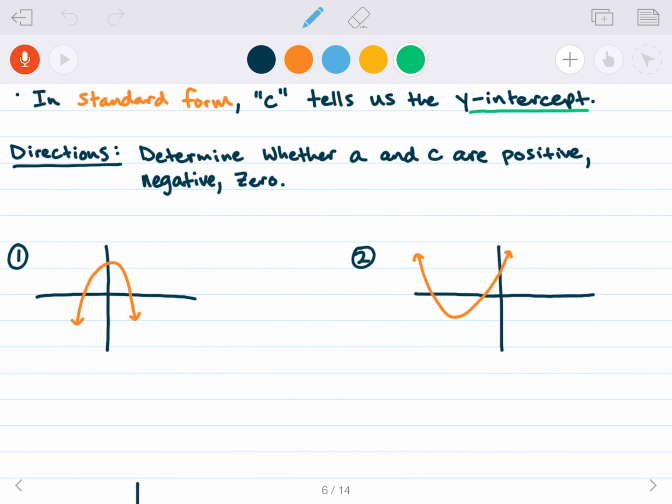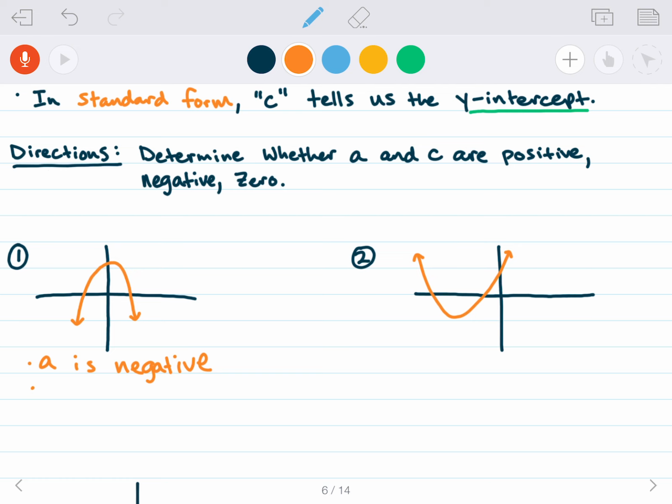Okay, let's do some of these examples. Determine whether A and C are positive, negative, or 0. So looking at number 1, remember A, if it's negative, it opens down, and if it's positive, it opens up. Well, this guy is frowning, right? So he is going to open down. So first of all, A is negative because it opens down.